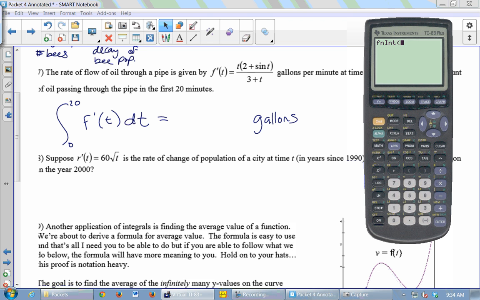It's going to be x times 2 plus sine x, divided by 3 plus x, comma x, comma 0, comma 20. I think I got the parentheses right there. We will see. 27.55. Other people got that? Okay, good.